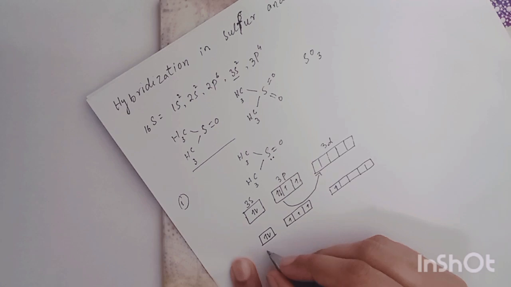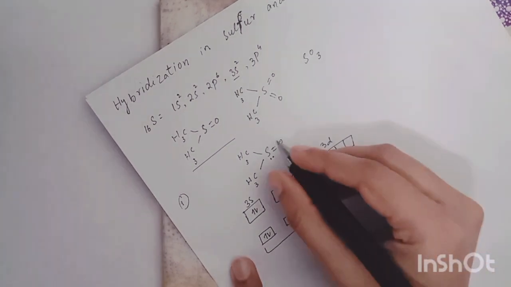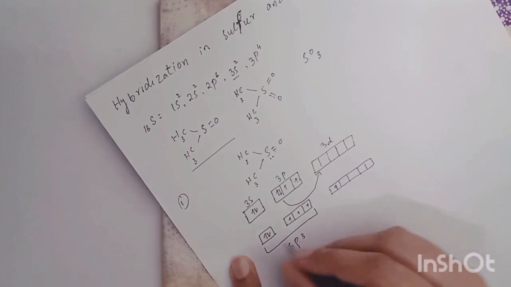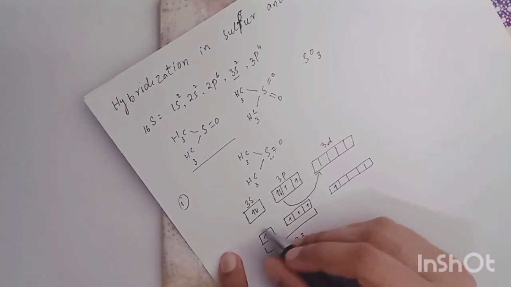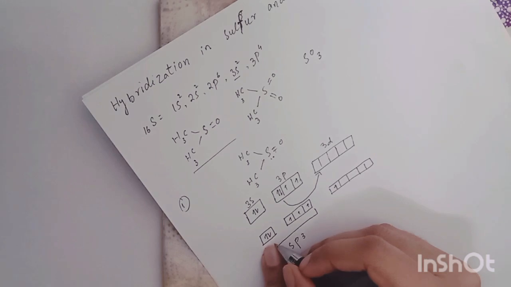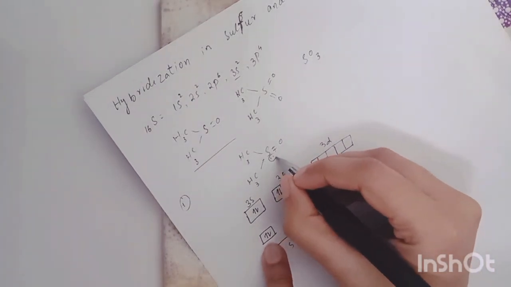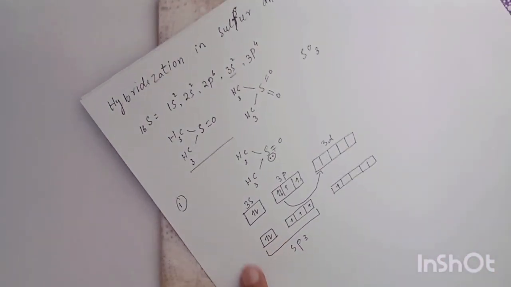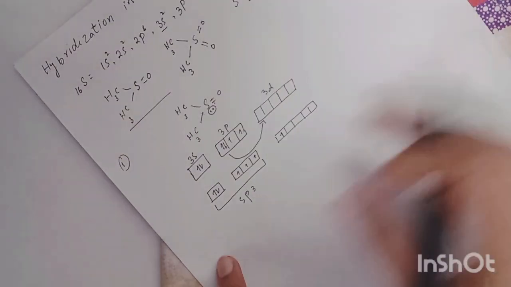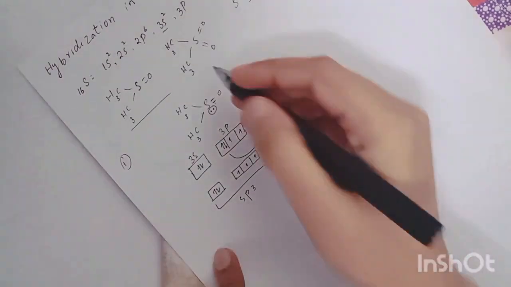In this sulfur compound, sulfur shows sp3 hybridization, which has one lone pair of electrons, as shown. The 3s has a paired electron, so this is the paired electron. Now we draw the hybridized orbitals and show the p-pi and d-pi interactions.